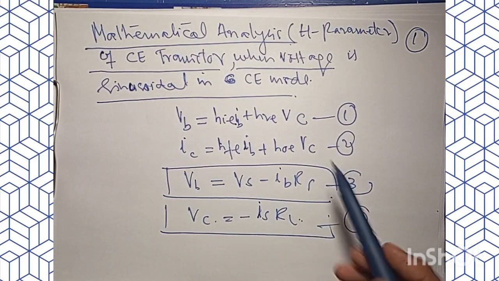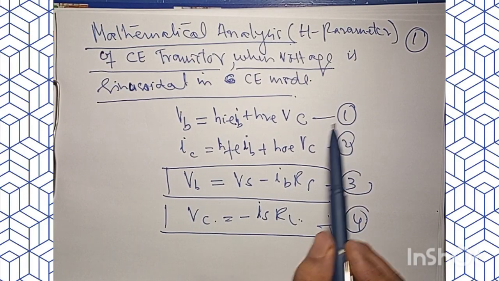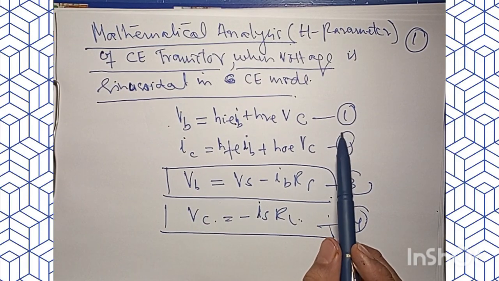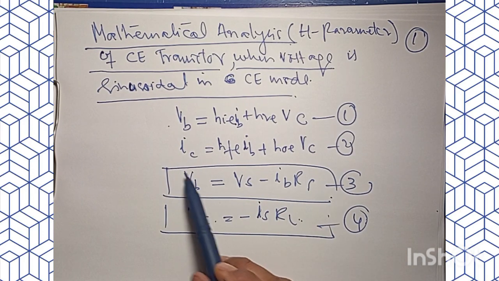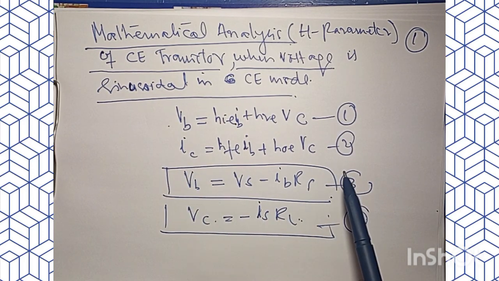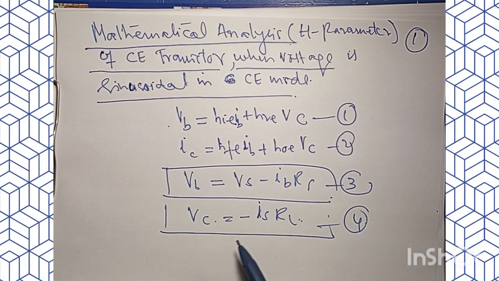We have equation 1 for the voltages in terms of linear parameters, and equation 2 for currents in terms of hybrid parameters in common emitter configuration.